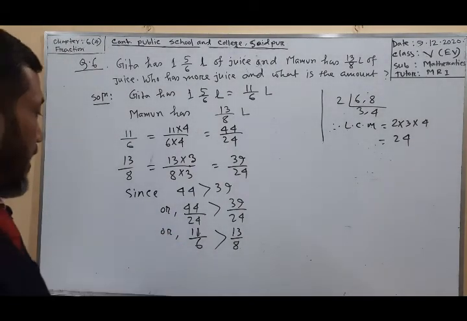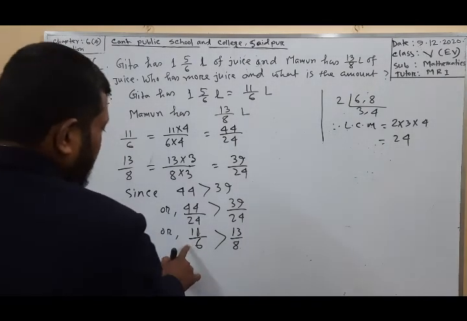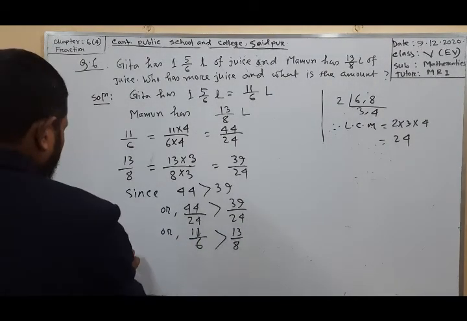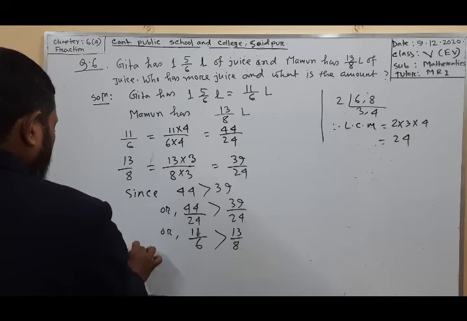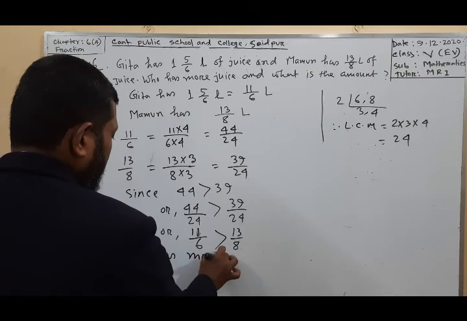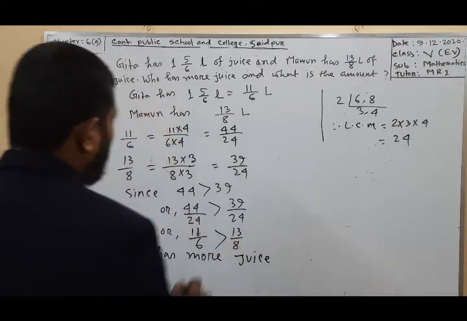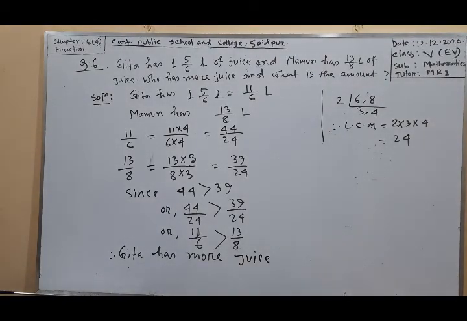So Geeta has more juice. Therefore, Geeta has more juice than Mamun. Who has more juice? Geeta has more juice.